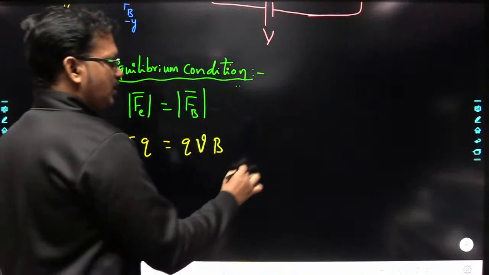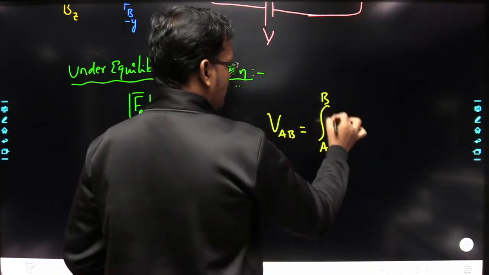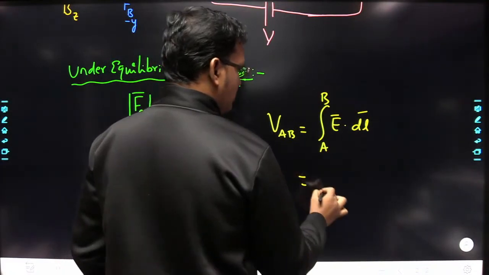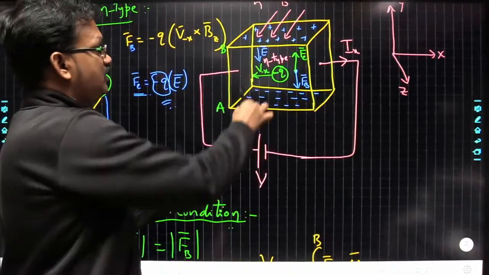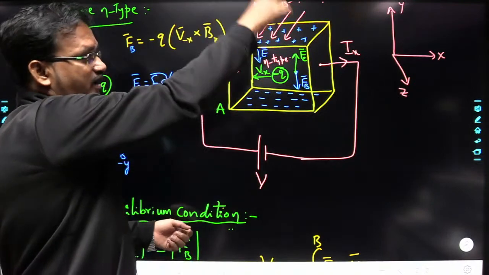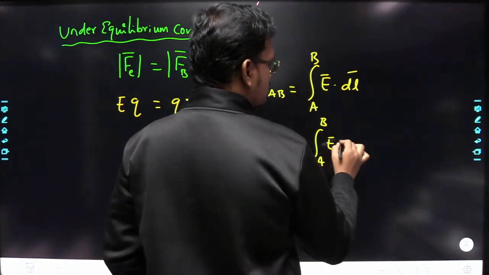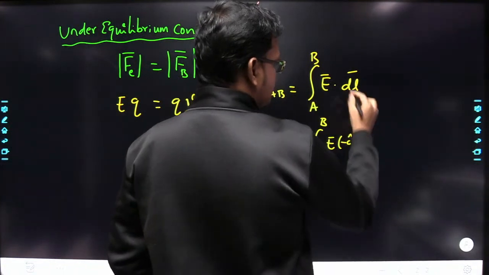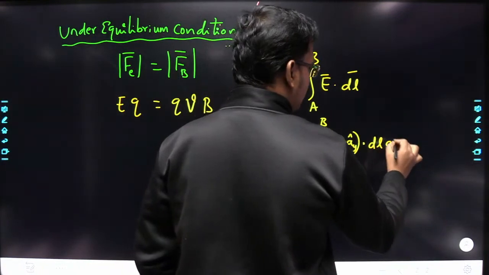Now VAB is equal to the integral from A to B of E bar dot dl bar. Here the electric field is pointing in the downward direction, that means the negative y direction, so minus ay cap. As I have told while doing integration, always take dl bar as positive, that is dl ay cap.